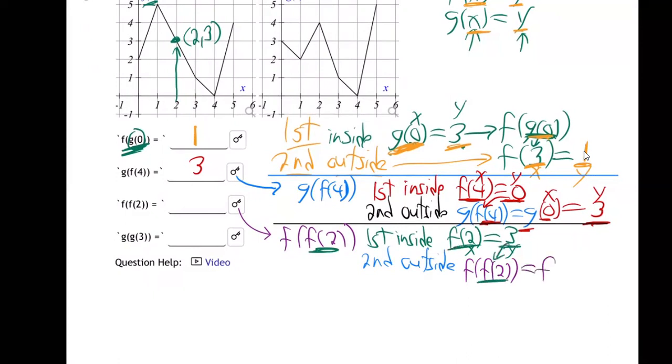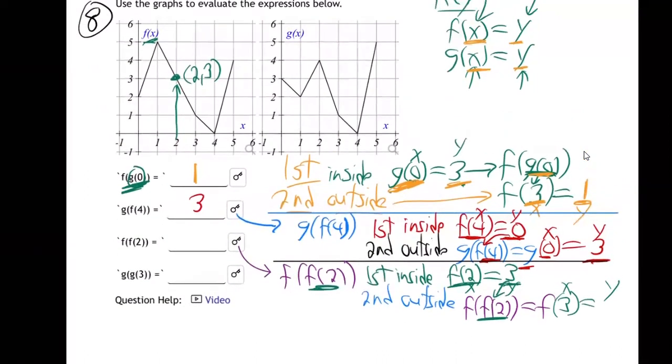So this becomes F of 3. I'm going to put 3 into the, remember, this is X. What it equals is Y. So now we're putting 3 into the F graph, same graph. We're not even doing the G graph on this one. Put in 3 now. This is the point, over 3, up 1. The X value 3 goes with the Y value 1. The answer is 1.